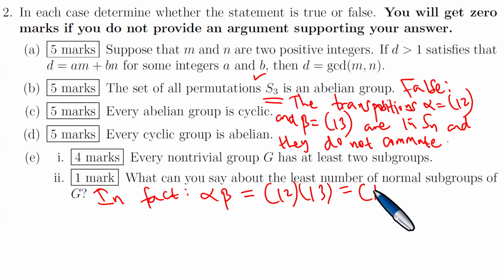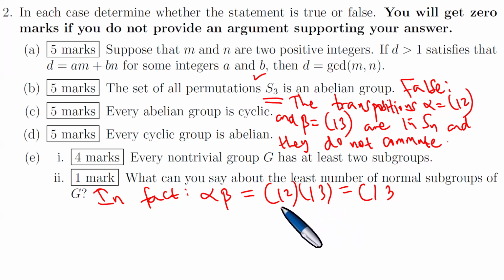We start with 1, and then 1 goes to 3 in beta.